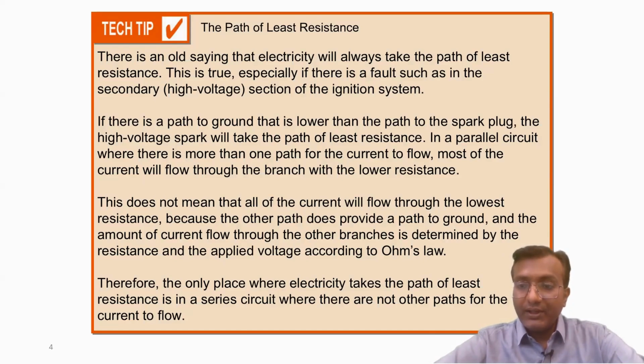You will choose the road that takes you to your destination early, or that provides a comfortable ride, meaning the road with the least resistance. Similarly, current flow in the circuit behaves in the same fashion. It chooses the path which has the least resistance. This is a fundamental rule of parallel circuits.